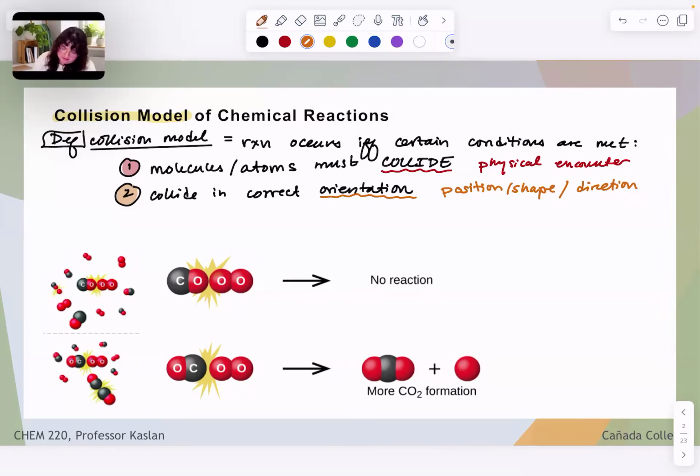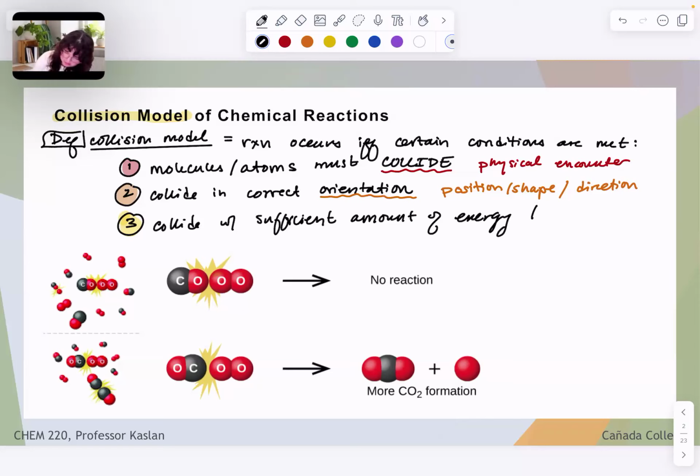And lastly, they also must collide with a sufficient amount of energy to prompt the breaking of bonds.